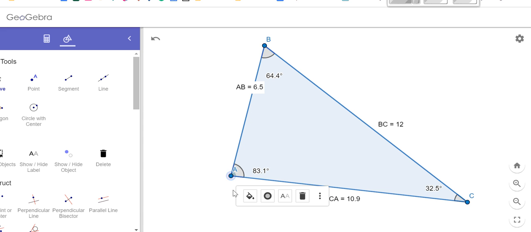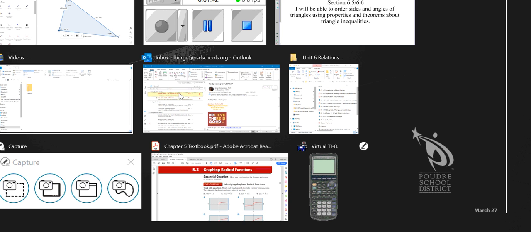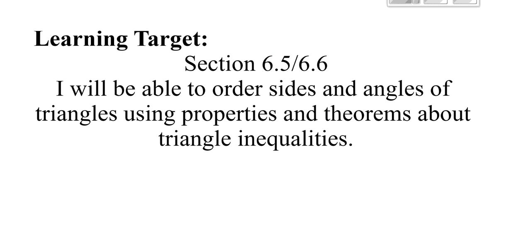So the order of our sides is directly related to the angles opposite those sides. Let's look at how we can define those theorems.